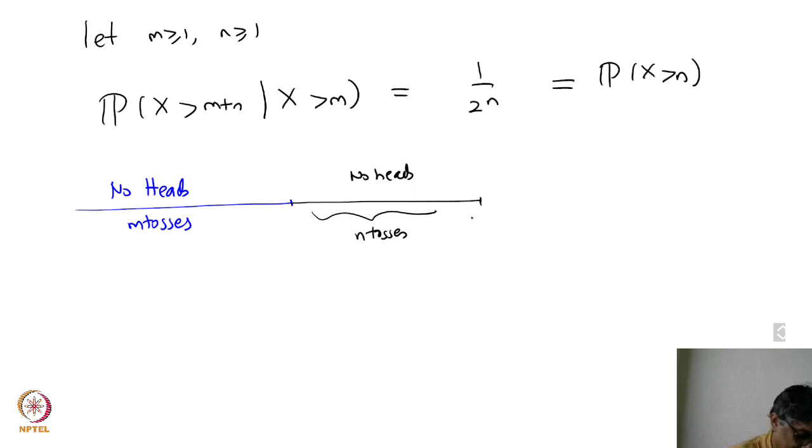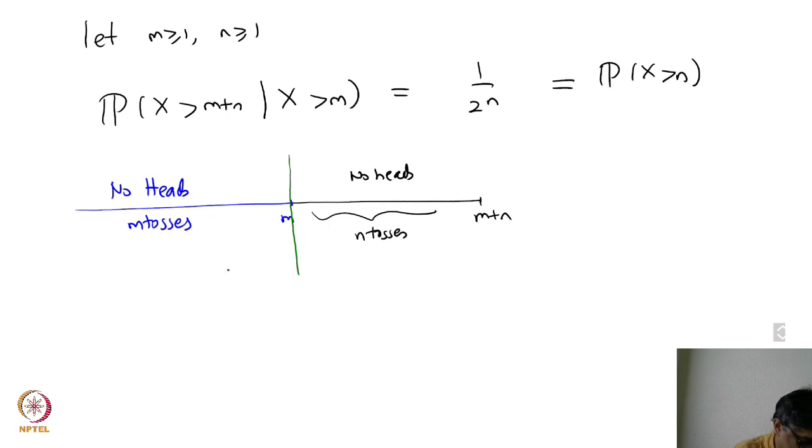So this is the mth trial, I have no heads. And then this is the m plus nth trial. I've come to here. Let me write this in black again, sorry. So what have I seen here? If I know that there are no heads in the first m tosses, and I want to observe there are no heads in the further n tosses, that's just the same as forgetting about this part.